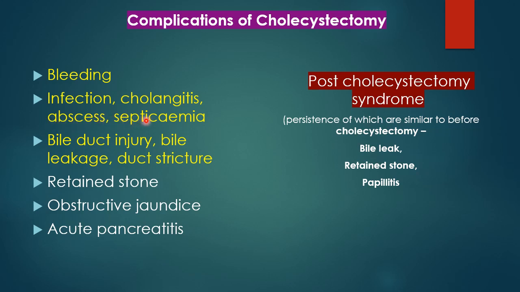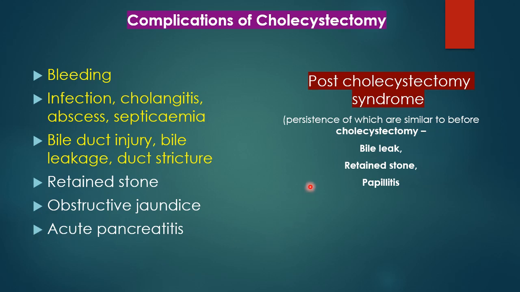This can lead to septicemia. Bile duct injury during cholecystectomy, especially in patients with chronic cholecystitis with extensive fibrosis and adhesions, bile leakage, and bile duct strictures. Others include retained stone, obstructive jaundice, and acute pancreatitis.